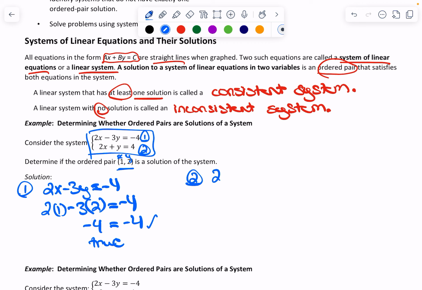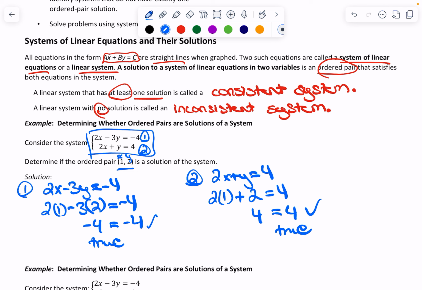So 2x plus y equals 4, the same ordered pair. 2 times x is 1 plus y is 2. And when we do the calculation on the left, we get 4 equals 4, which again is true. So we know now, because both are true, that 1, 2 is a solution of the system.